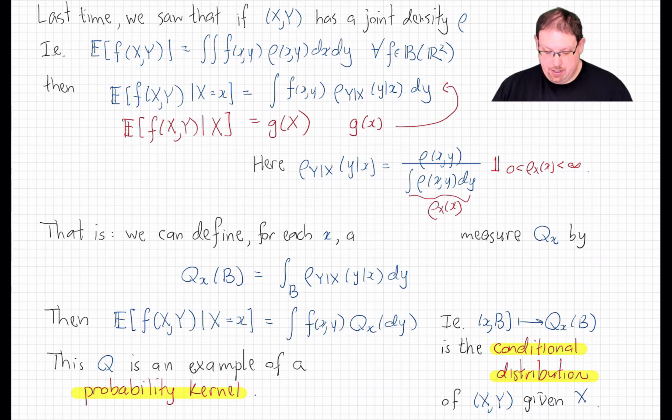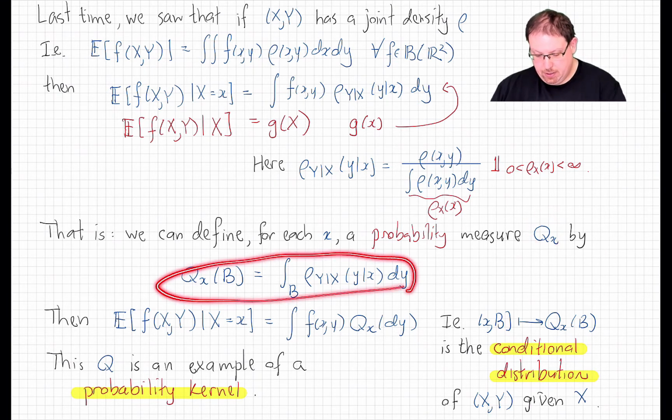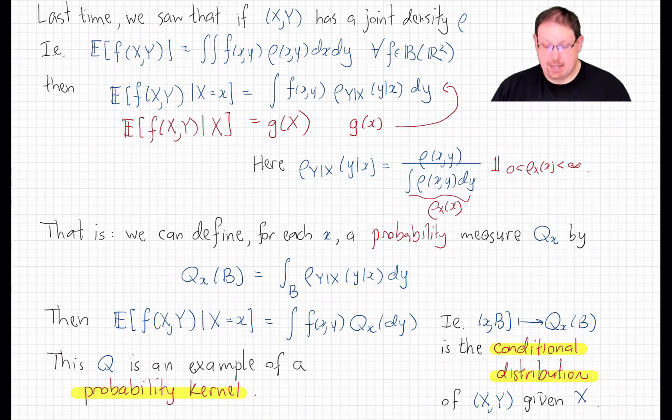Now, thinking about this a little more big picture, what we've done is to define for each real number x a probability measure, which I'll call for the moment q sub x, as follows. Q sub x has a density with respect to Lebesgue measure, and that density is the conditional density of y given x.